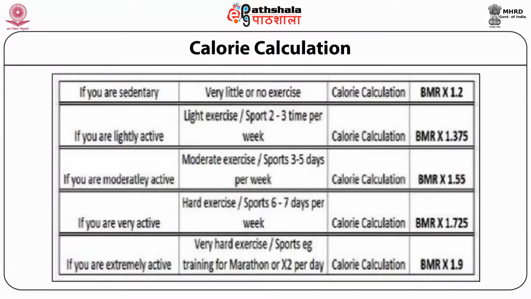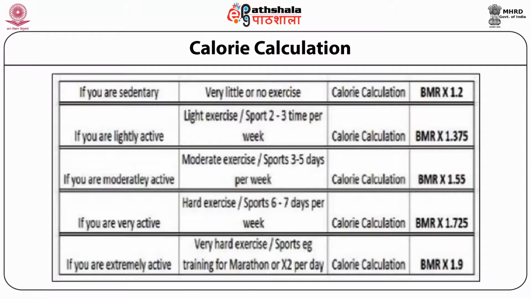If you are sedentary, then it is BMR times 1.2. If you are lightly active, it is BMR times 1.375. If you are moderately active, it is BMR times 1.55.